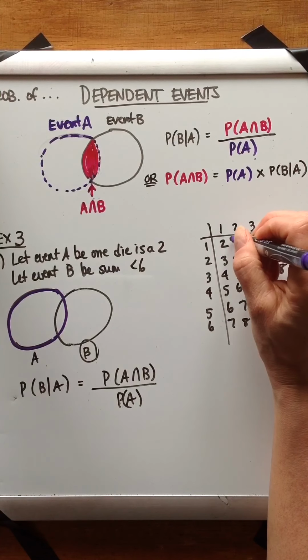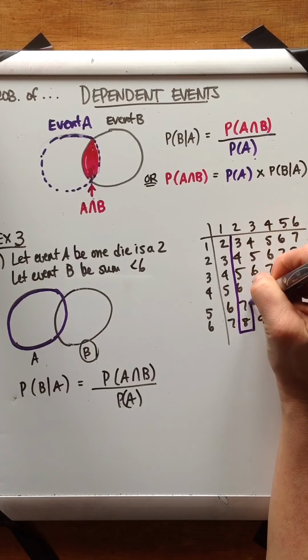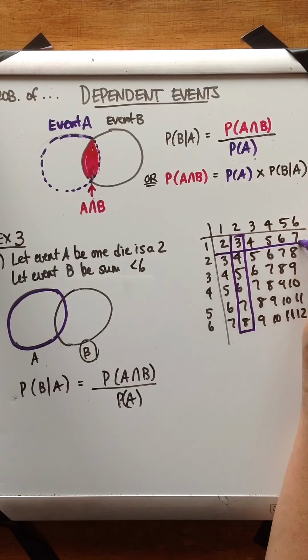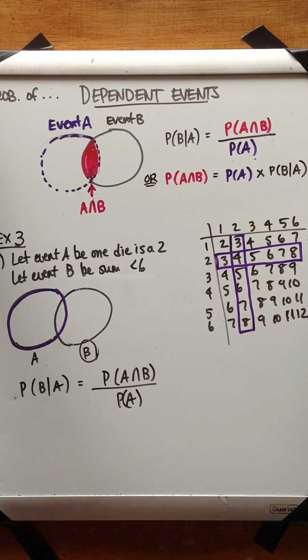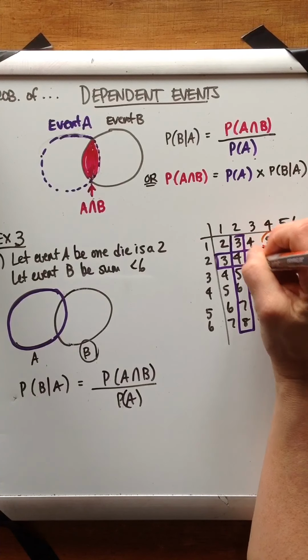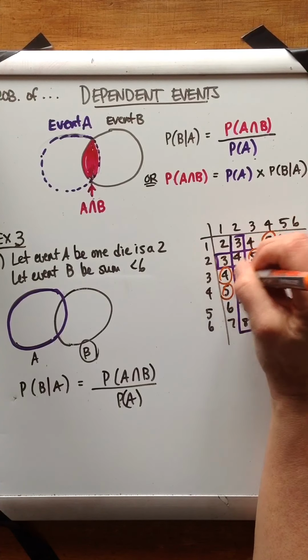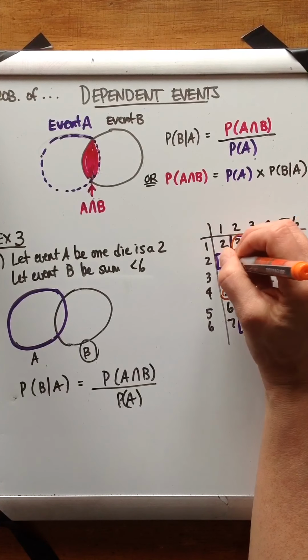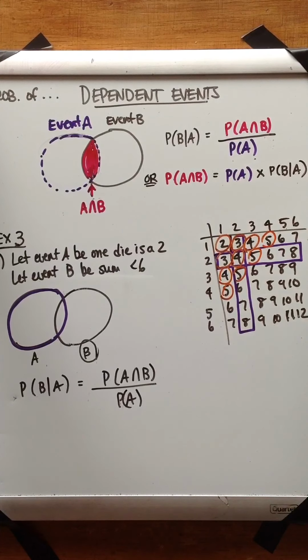So we have this row here, and we have this row here. We also want to look at where the sum is less than 6. So for less than 6, I'm going to see here's a sum of 5, here's a sum of 4, a sum of 3, and a sum of 2.